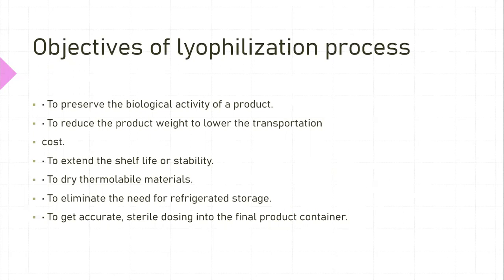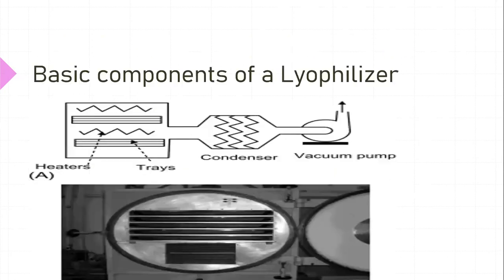final product container. So this is the basic component of a lyophilizer. The lyophilizer is basically the chamber shown below. Sometimes it is like that, but not all the time. It contains a tray, or sometimes it is directly connected to a round bottom flask, but there is always a condenser and always a vacuum pump.